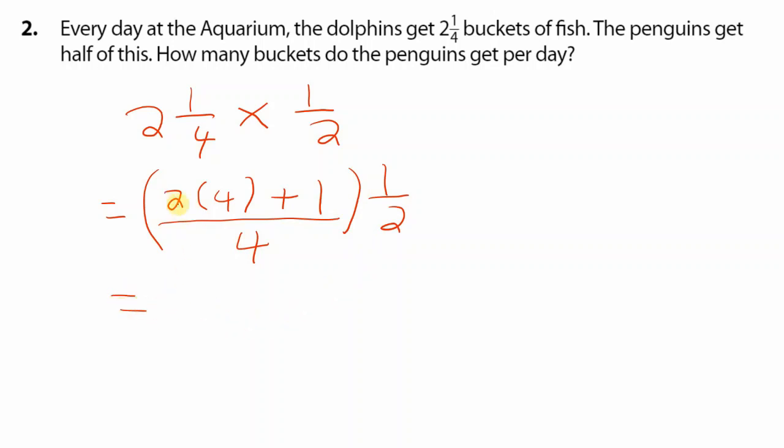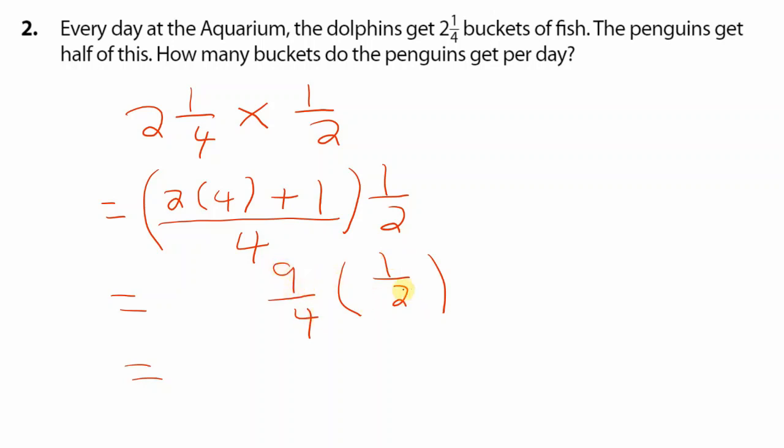So let's see. 2 times 4 is 8 plus 1. So we have 9 at the top, still 4 at the bottom. We are still multiplying by a half. So we can multiply tops, we can multiply bottoms.